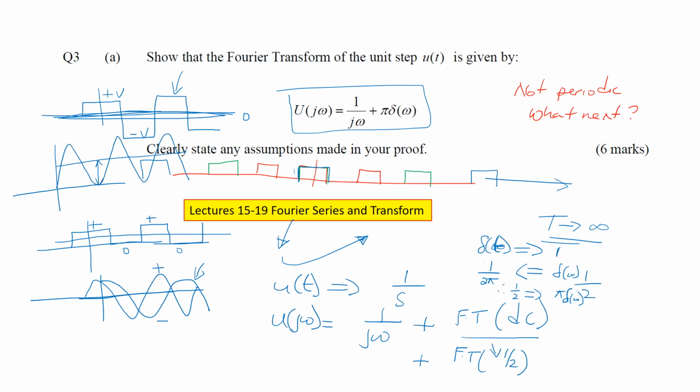Now if you substitute S equal j omega, you're going to get part of the answer. You're going to have to account for that DC value there. All right? Any other questions?